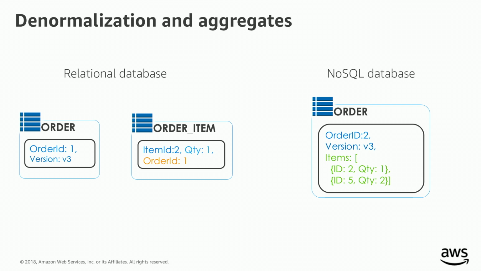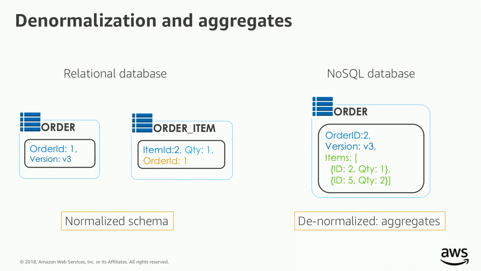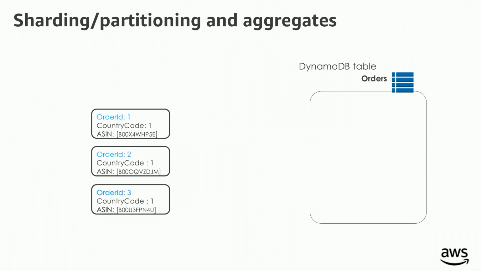And what are aggregates? Collections of related data that we read and write together. An example could be an order or a shopping cart, right? And we go from a normalized schema to denormalized aggregates so that we can take advantage of efficiencies that we get with NoSQL, where we have sharding and partitioning, right?